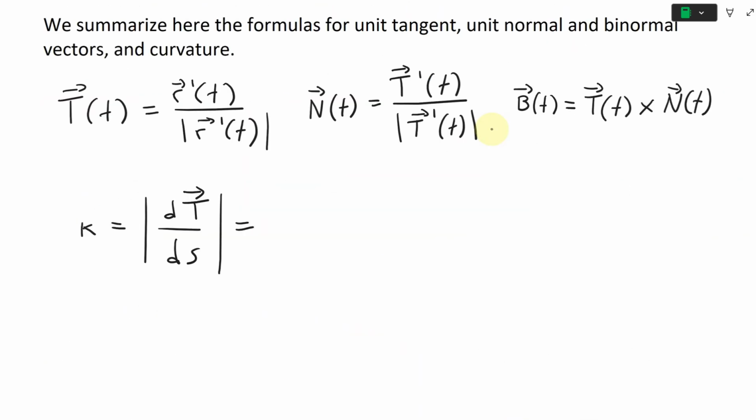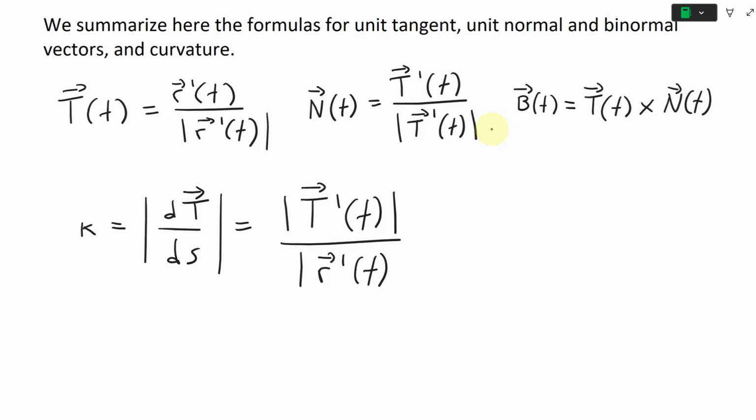So this equals, we wrote that in the more convenient form, this right here: the length of the derivative of the unit tangent vector divided by the length of the derivative of the vector function, like that.